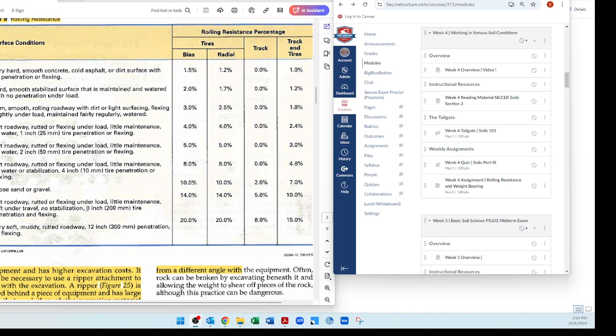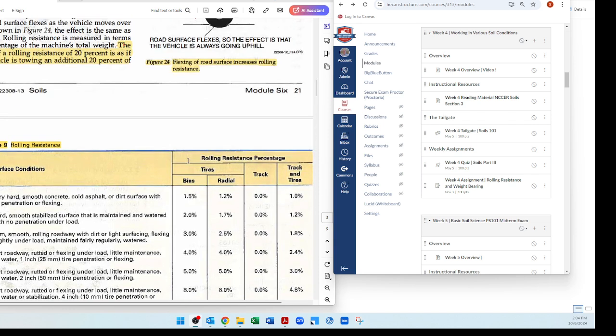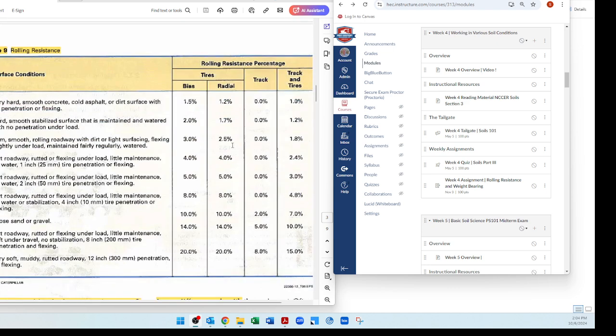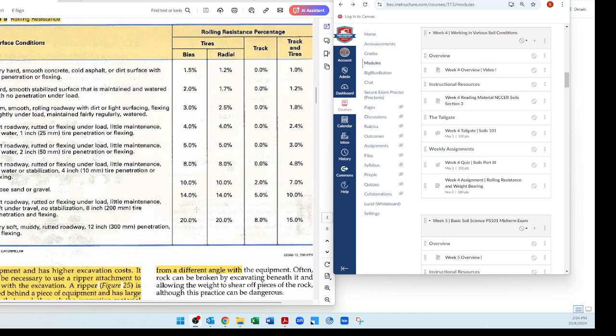So you get an 8-inch penetration. In other words, it's penetrating 8 inches right here. So that's creating quite a bit of resistance, and as you can see, it's creating a 20.8% resistance. So we'll round that up to 21 when we get into calculations to calculate how much more.